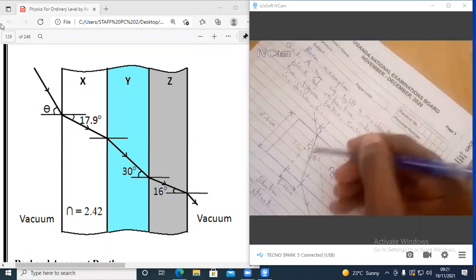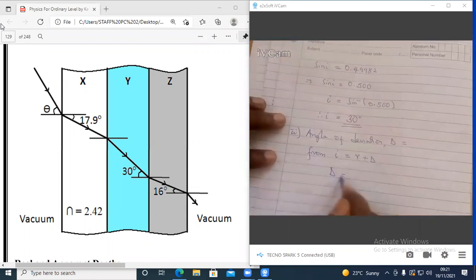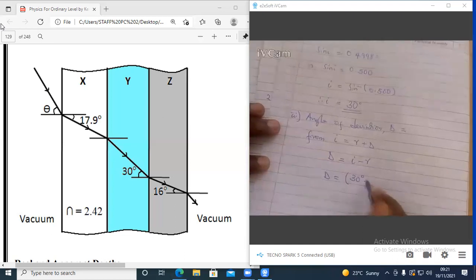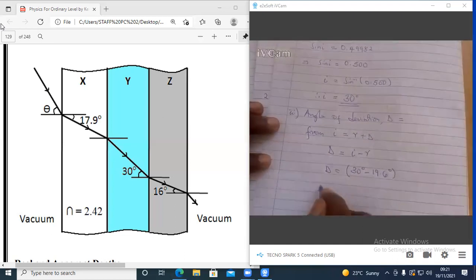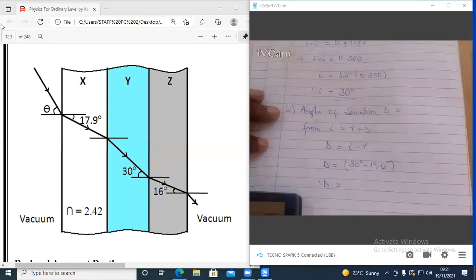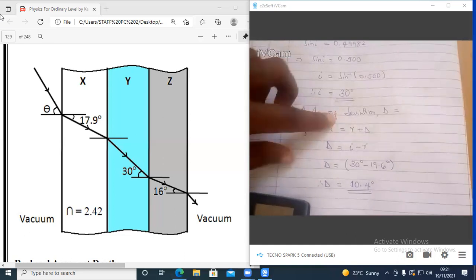So our angle D will be equal to I minus R. So D will be equal to our angle of incidence, which we have just got as 30 degrees, minus 19.6 degrees. So the angle of deviation will be 30 minus 19.6, which gives us 10.4 degrees.